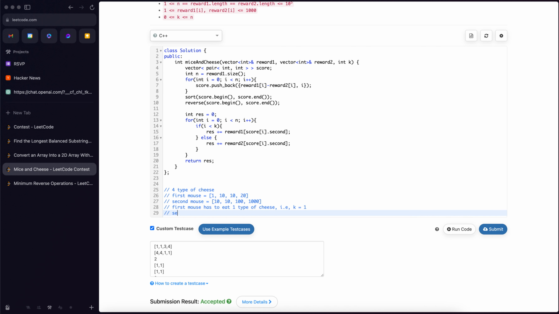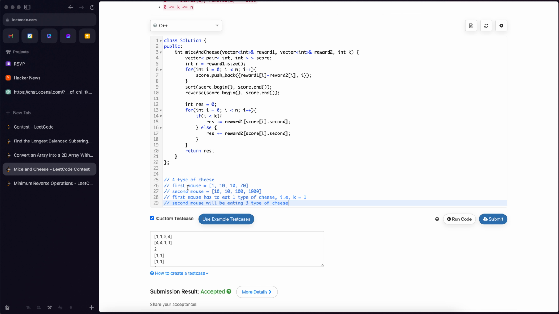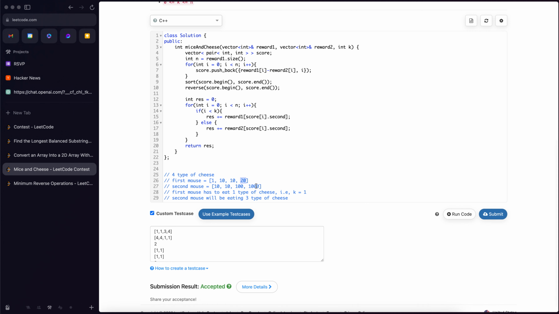So automatically the second mouse will be eating the 3 remaining types of cheese. If we go greedily and just give the first mouse the highest reward, reward 1, what we are losing here is that if the fourth type of cheese is eaten by the first mouse, then the second mouse won't be able to eat it, because it has already been eaten by the first mouse.